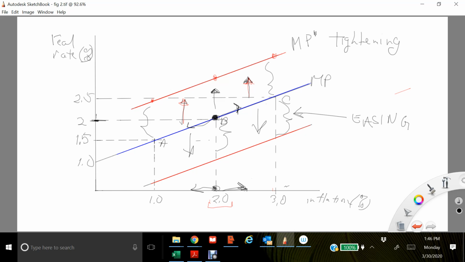That's not an autonomous shift in policy. An autonomous shift in policy is when the Fed decides it doesn't like the current inflation rate for some reason, or there's a fear of recession and it wants to change monetary policy at any given inflation rate, and that is done with a shift either up or down in the monetary policy curve.